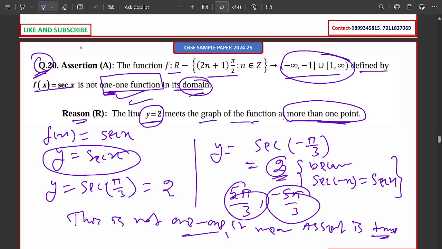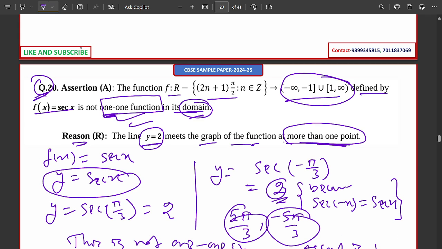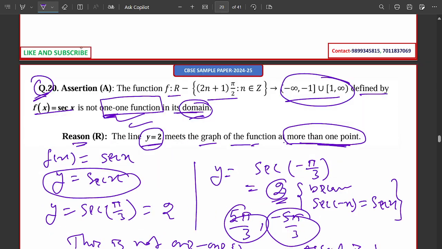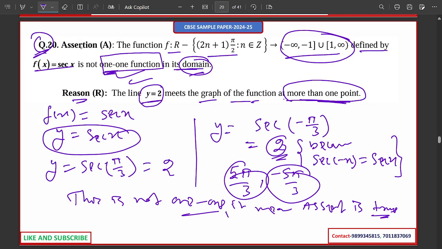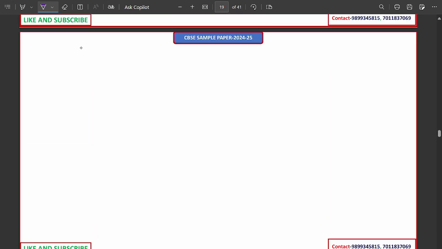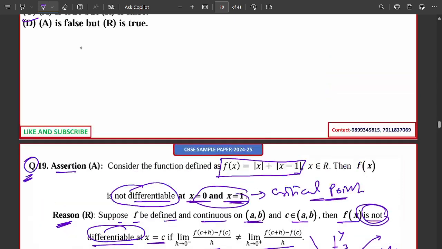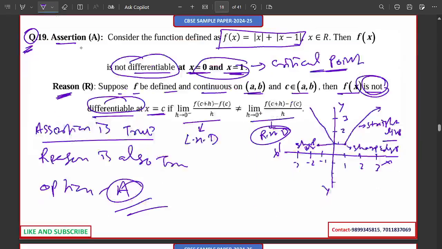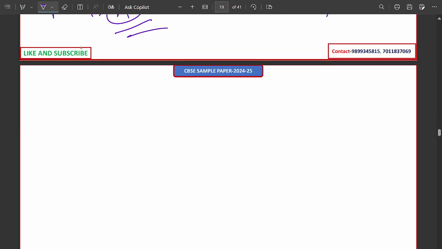So reason and assertion both are correct in this question. So option number A will be the correct one for this question. We can also discuss in this part. So both question number 19 and 20, the option will be option A.